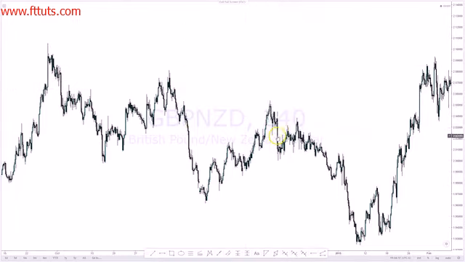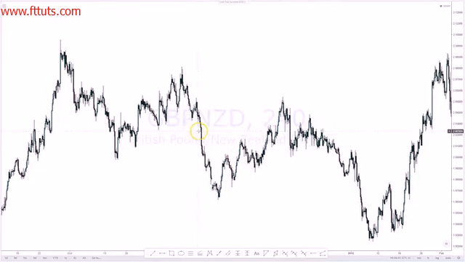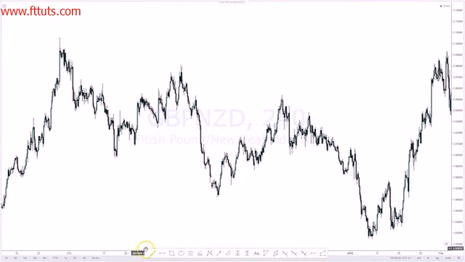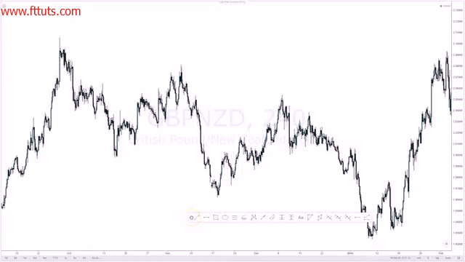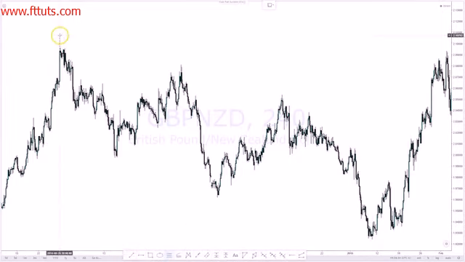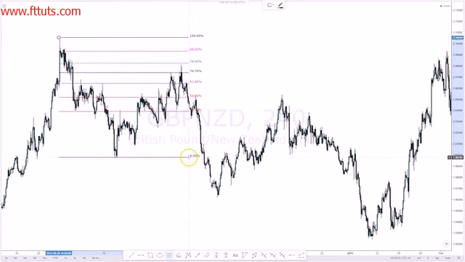Alright, so we're on GBP New Zealand right now, on the 4-hour chart back in December 2015. Once again we're going to start measuring out a Fibonacci, impulse high to low. We got a 786 tap right there, near miss.